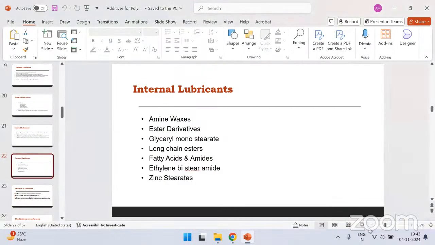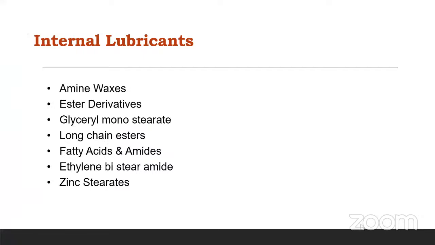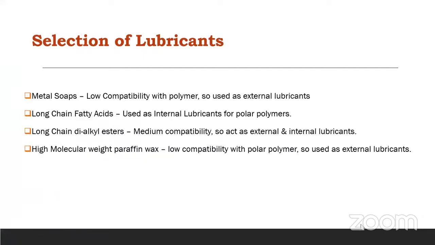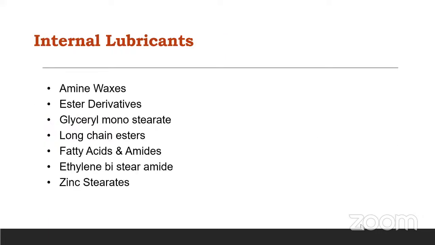One question about the list you are showing in the previous slide. Amide is for nylon, ester is for polyester, and polyethylene-related material is the second to last. Should we take it that way? If so, are fatty acid amides also for nylon 66?